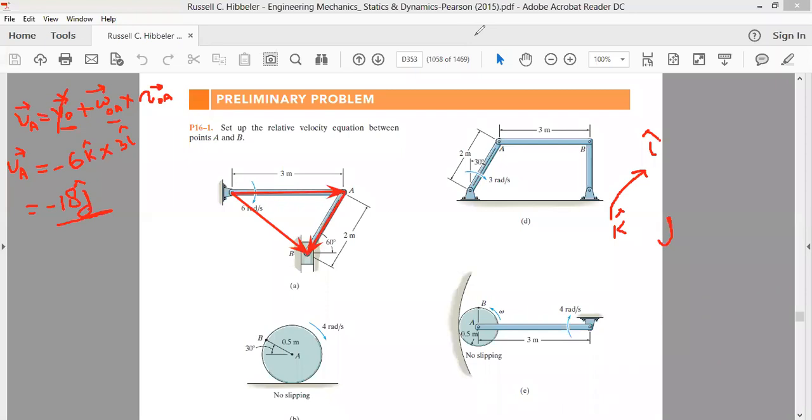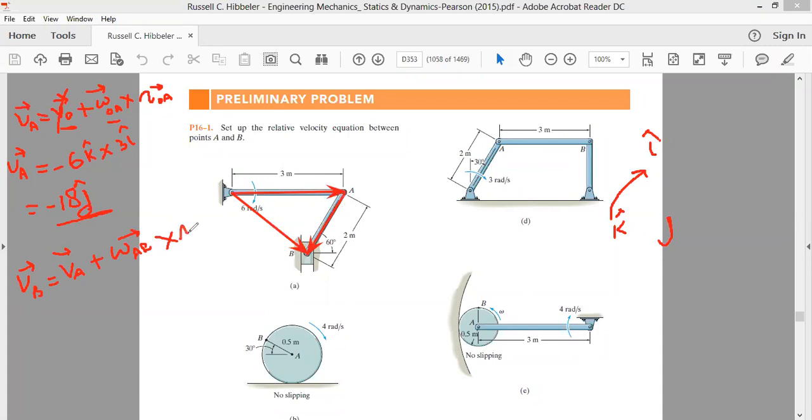Since we are drawing the vector from A to B, we can write velocity of B is equal to velocity of point A plus angular velocity of the vector drawn from A to B, that is omega AB, cross product with the RAB.